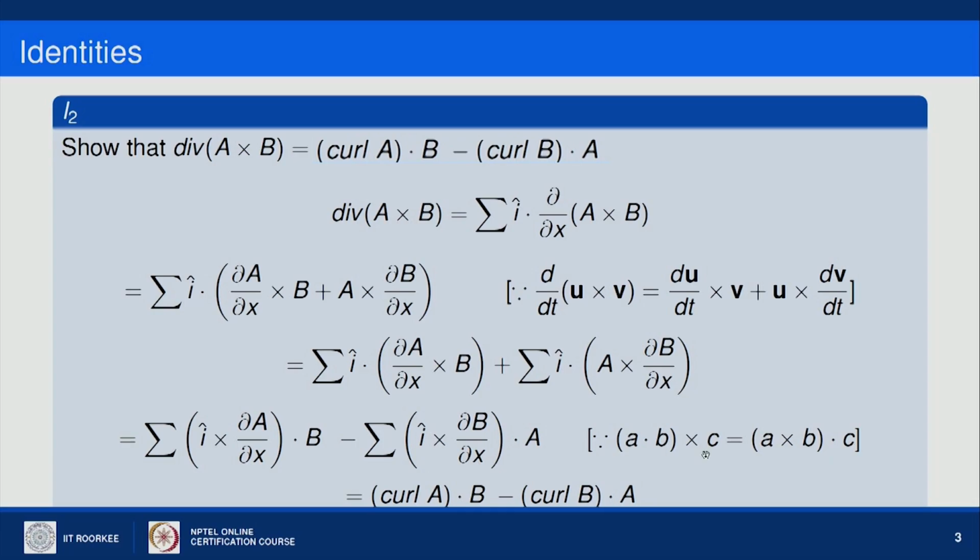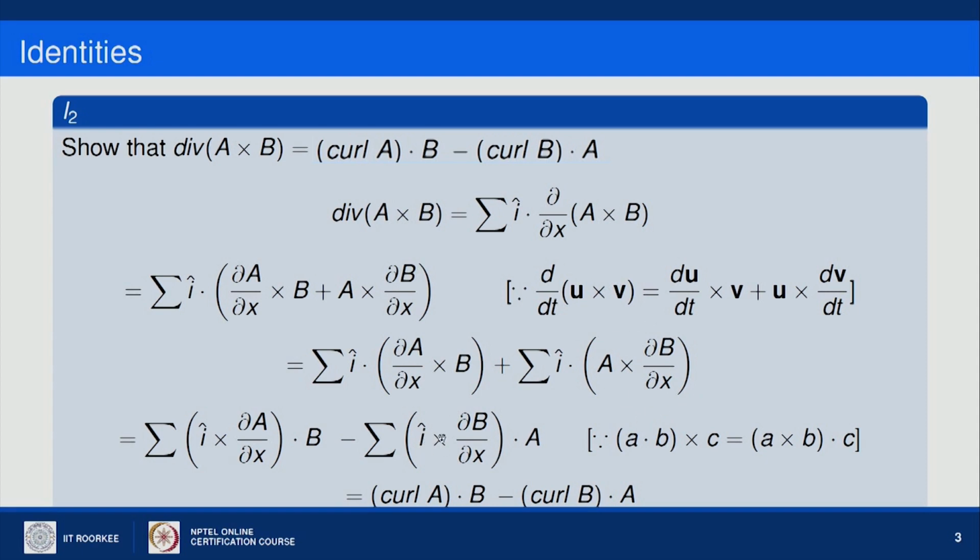Now we have this particular property of vectors that A dot B cross C can be written as A cross B dot C. In this way, this particular term I can write as i cross del A over del x dot B, and I have taken the minus because I am changing the order of A cross del B over del x.